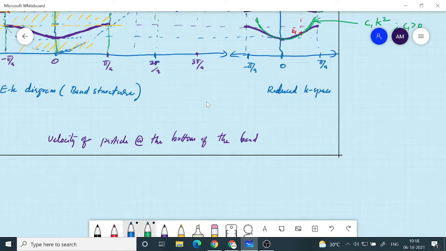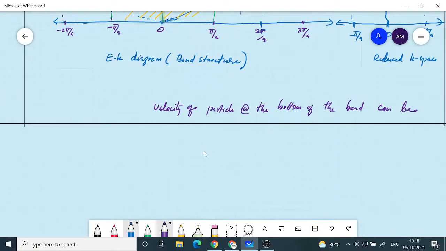So the velocity of the particle at the bottom of the band can be written as, what was the expression? It was 1 by h cut dE by dk. That was what we said.